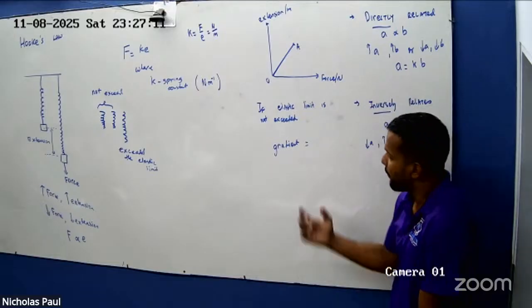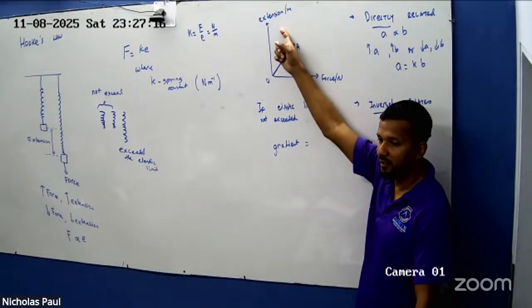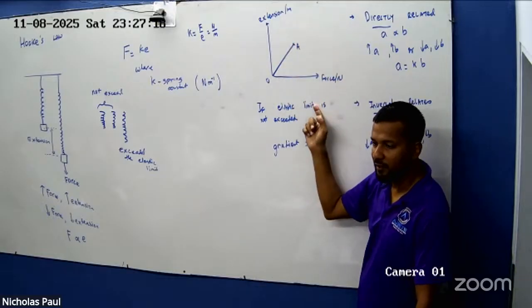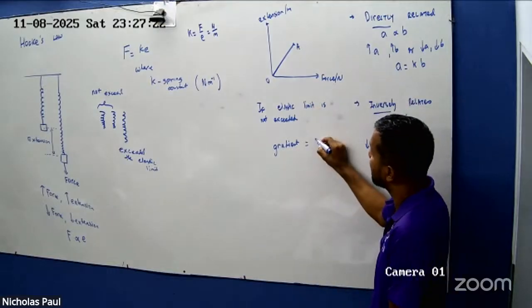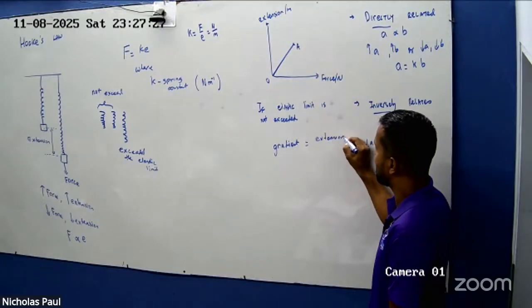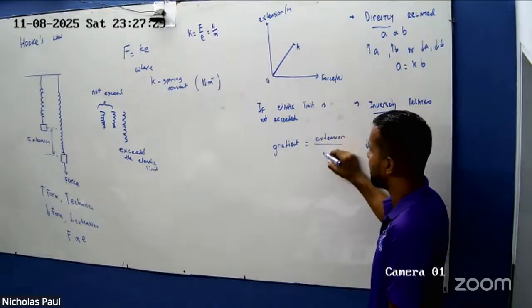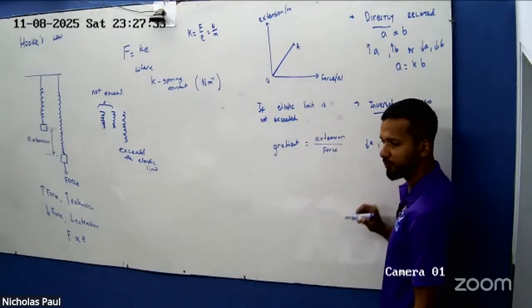So you remember, gradient is always what? Whatever is on the y divided by whatever is on the x. On the y, we have extension, and on the x, we have force. What is extension over force?